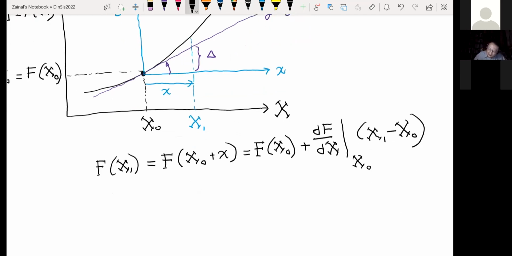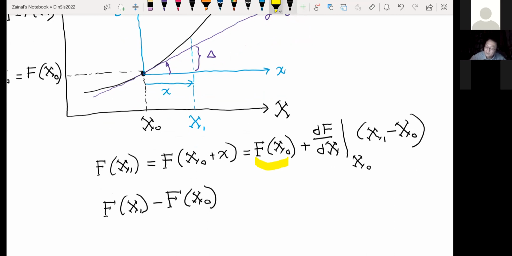And this will be the same as f(x1) minus f(x0). Move this term to the right hand side.